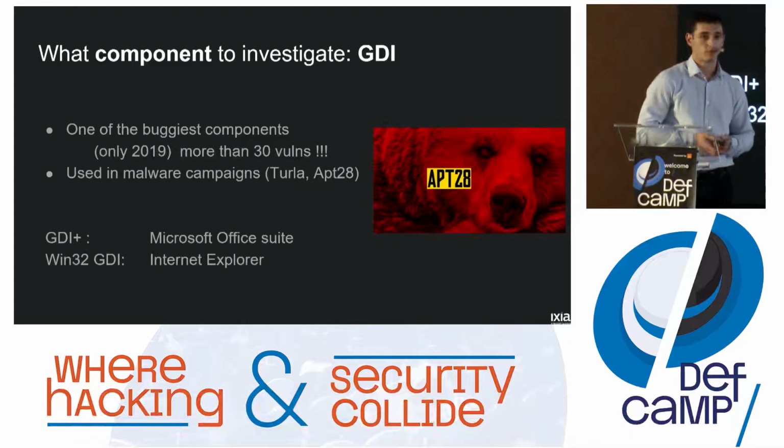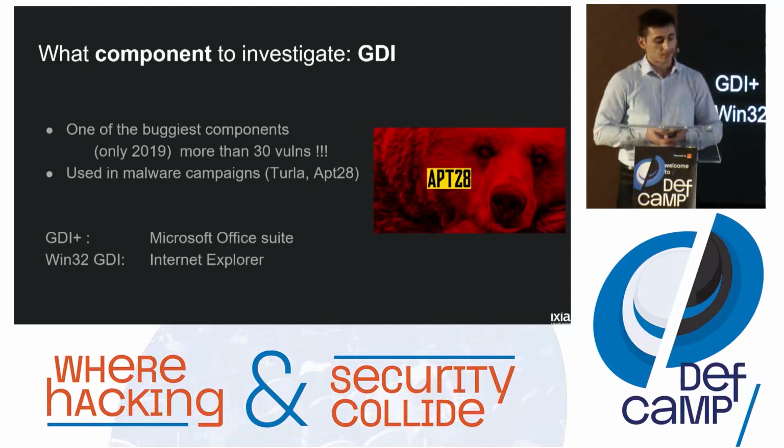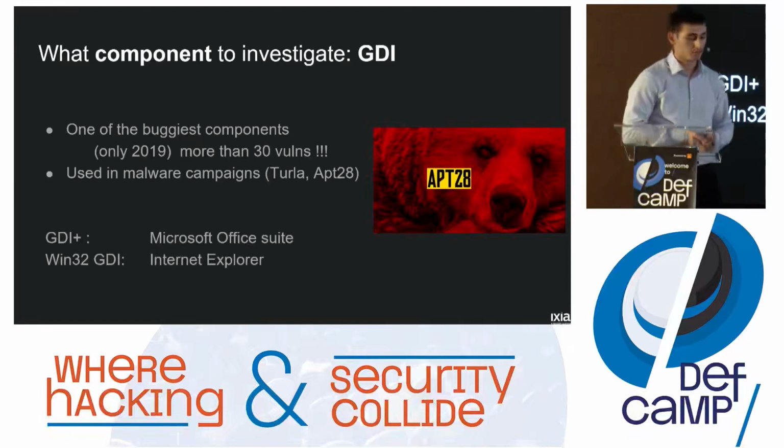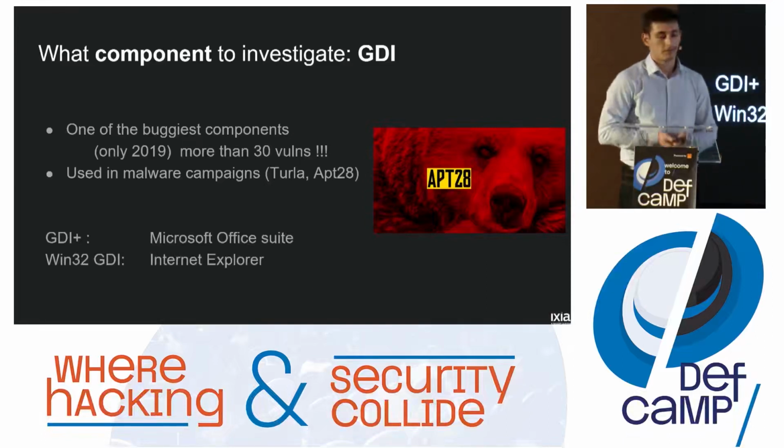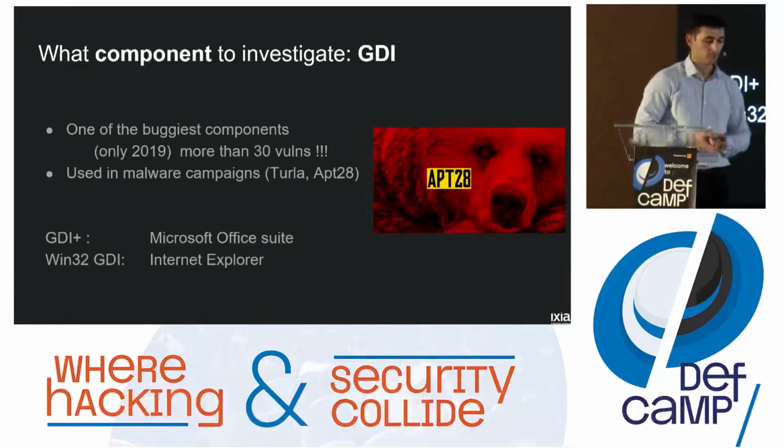Or you can use a browser. You can attack this way. You can insert a certain metafile into JavaScript, and that will get parsed using the vulnerable module. And again, it's pretty much game over. Adobe Reader is using GDI, Edge as well, so there's a large attack surface.